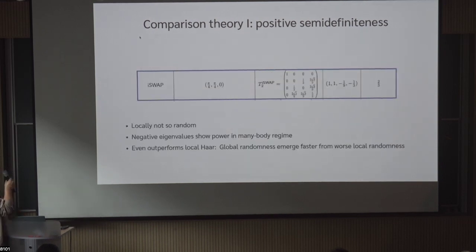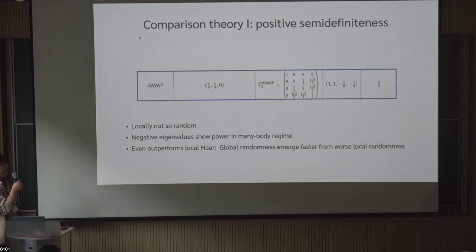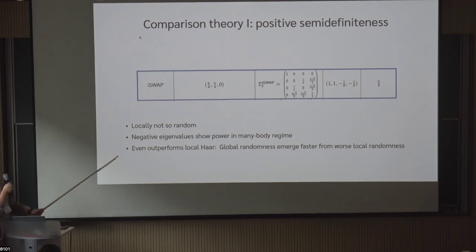Now let's look at this iSWAP gate again. As mentioned, the spectrum has a very special structure: other than the ones, other eigenvalues are purely negative. Locally, the local gap is just 2/3, so it's not really random, right?